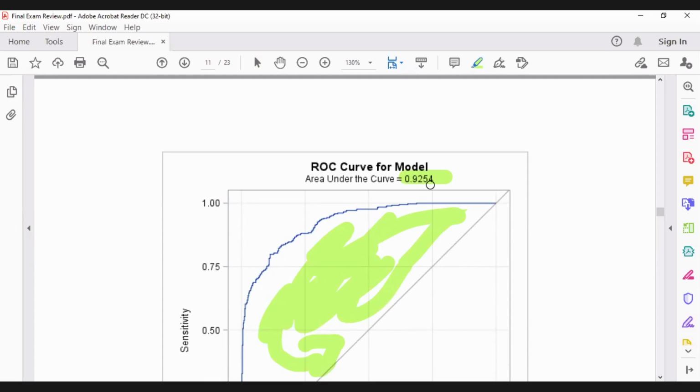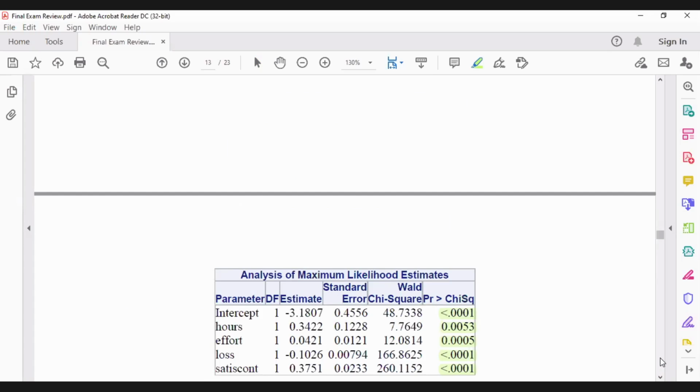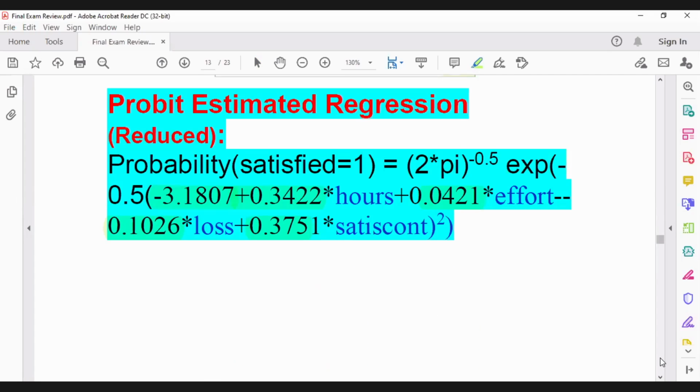So the full model is more able to predict y, or probability of y equal to 1, compared to the reduced model. But it's not a big deal because the two ROC curves are very similar. There's a difference of 0.001, not a large difference.